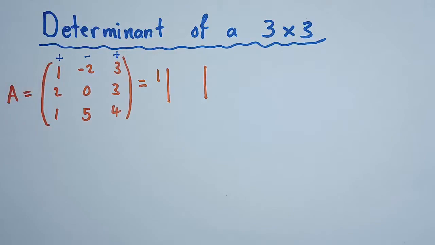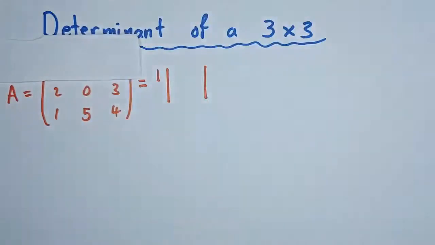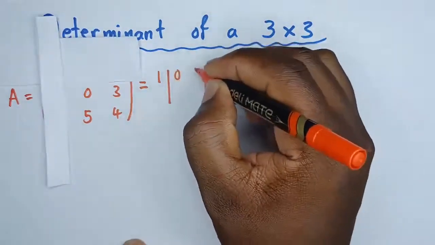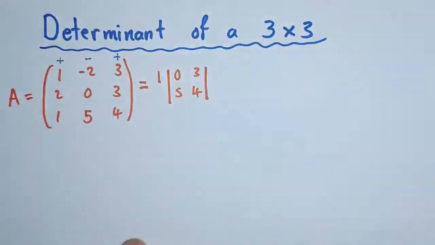So the row for that 1 is this one, so we don't need these values. I'll just hide them like that. Then the column for that same value is this one, so we don't need these values. If you look at what we have, I've formed a 2 by 2 matrix. Let me write it down: 0, 3, 5, and 4. Okay, I remove everything again.